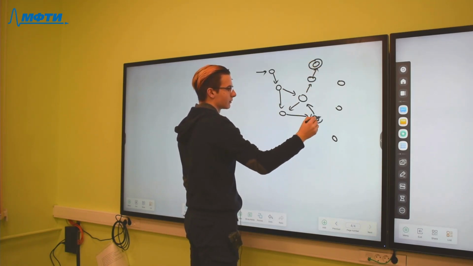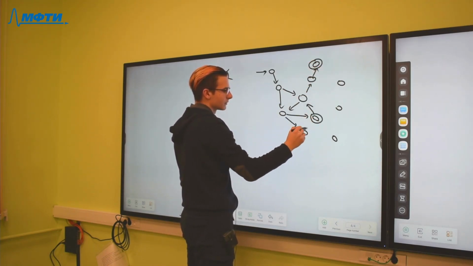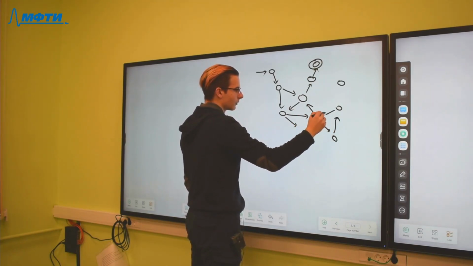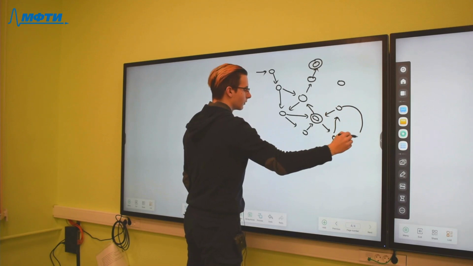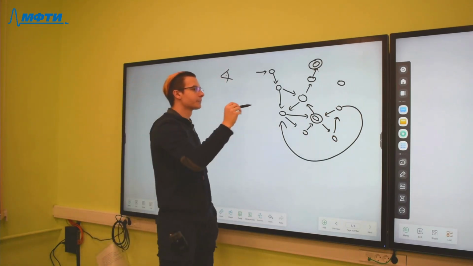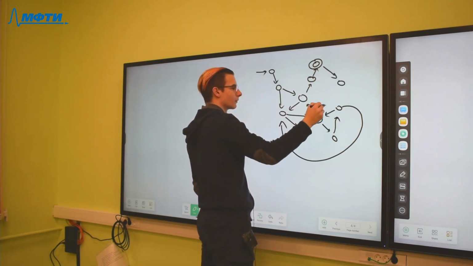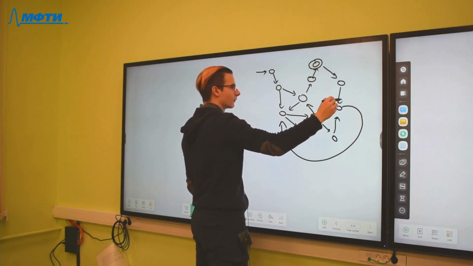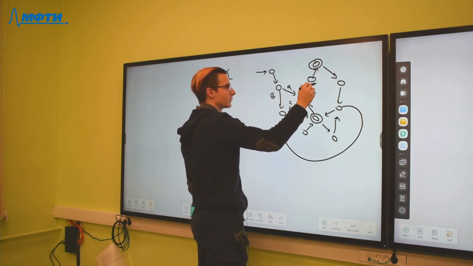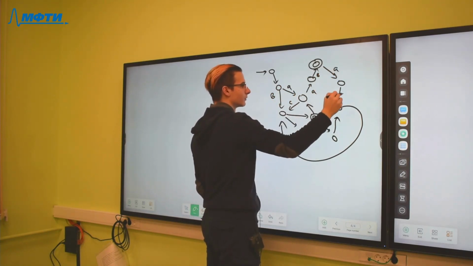And we have some finite states, of course we can have a lot of cycles, and different characters on the edges.